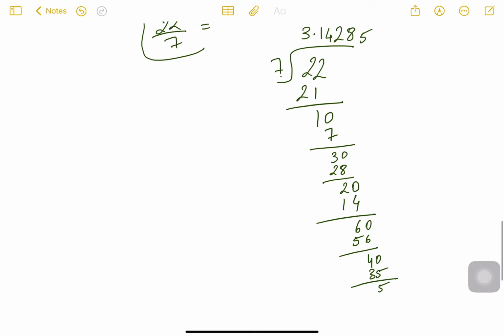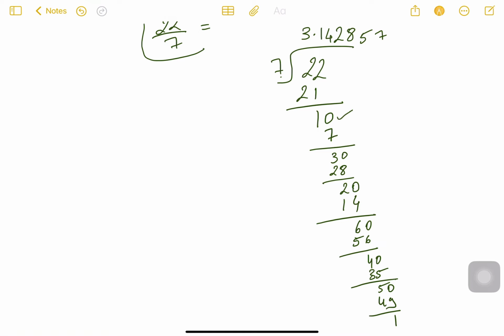Moving further, I have 50. 7 into 7, 49 and 1.